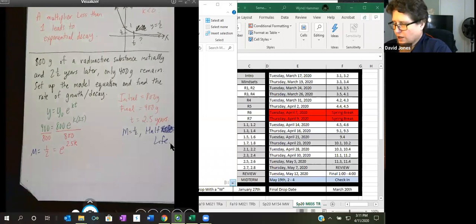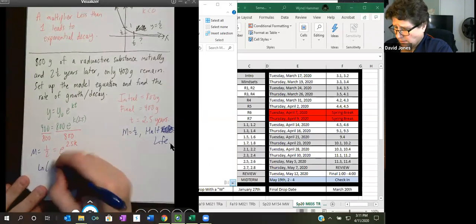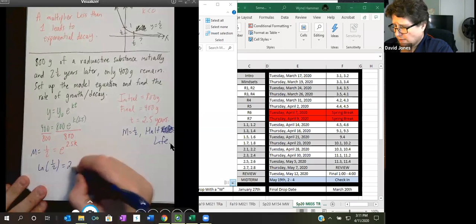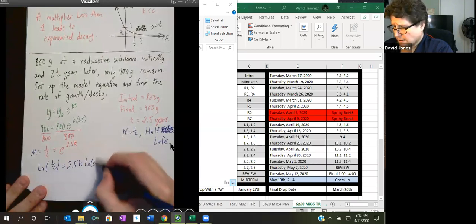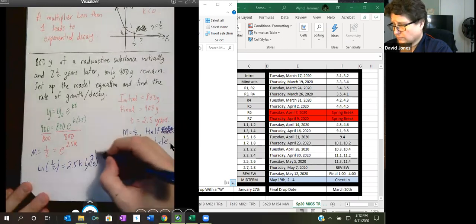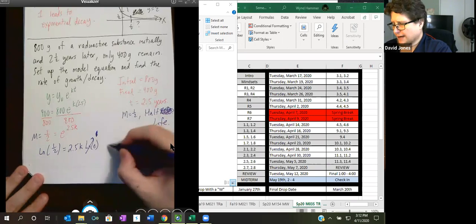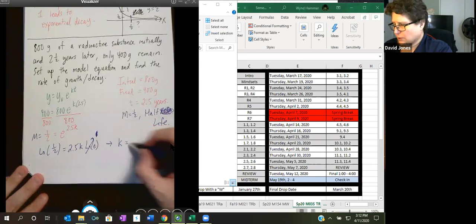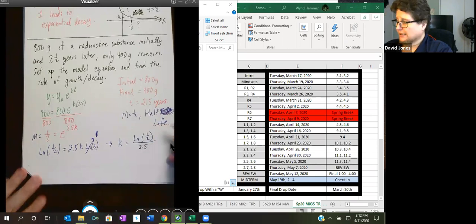We take the natural log of both sides. And we divide by 2.5, we get k equals natural log of 1/2 divided by 2.5.